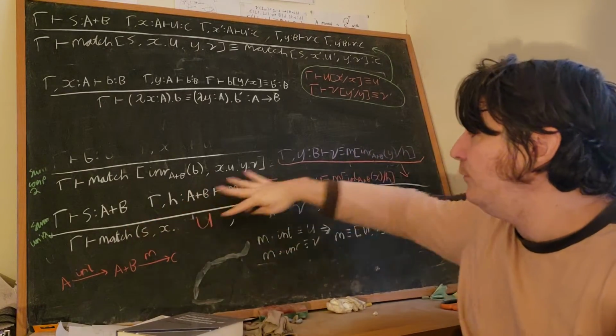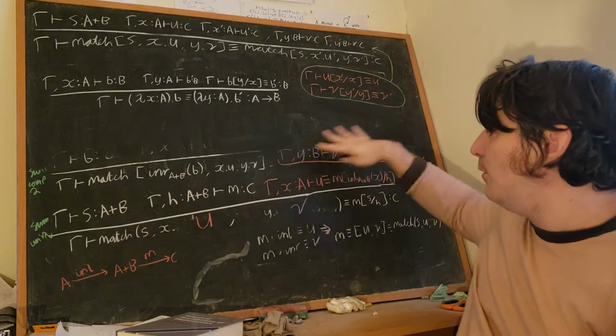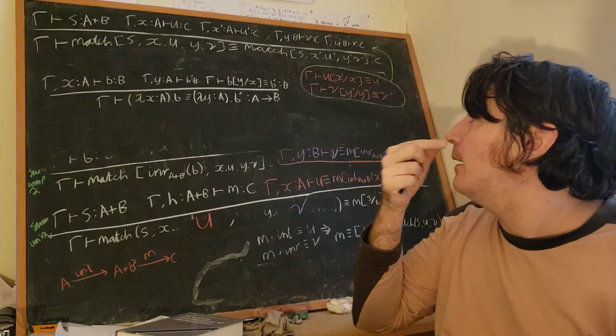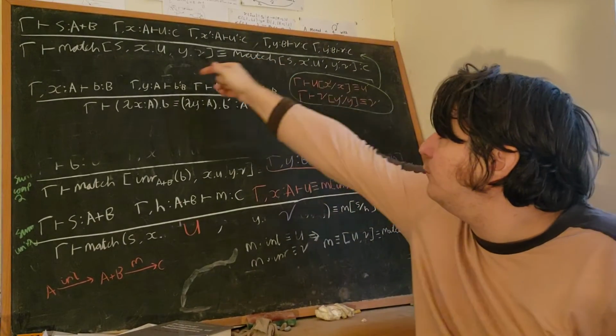So if we had that rule to begin with, how could we derive this more intuitive rule? And the answer is that we can basically use this rule up here.